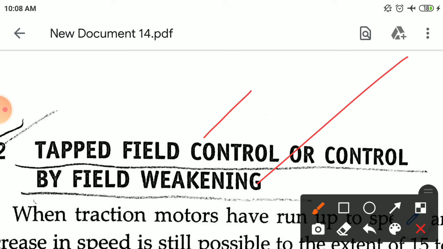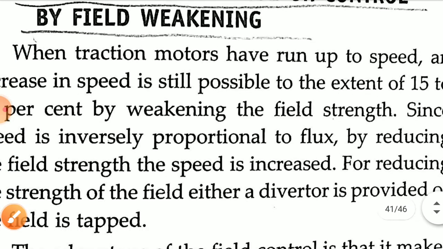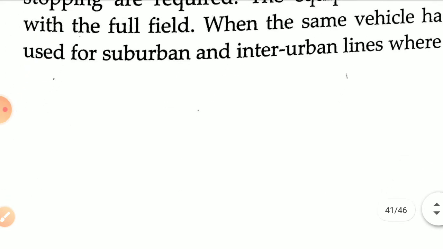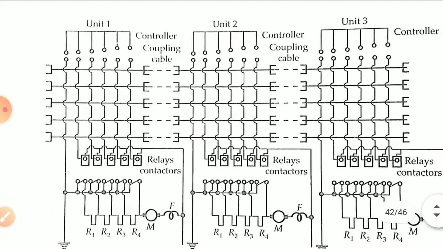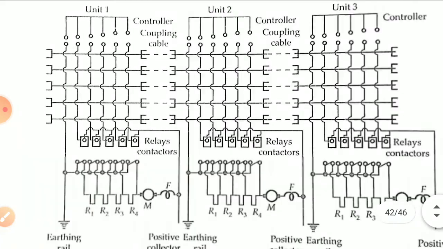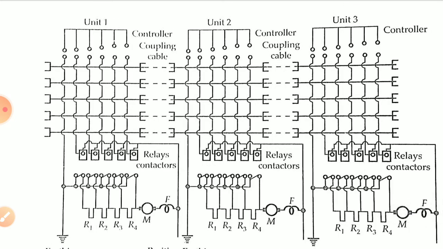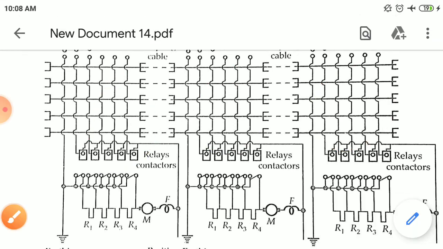Next is multiple unit control. Another method is multiple unit control. This is the block diagram representation, or equivalent circuit, of multiple unit control. It is called a multiple unit because we have multiple units here: unit 1, unit 2, unit 3, so three units, which you can connect in series fashion.